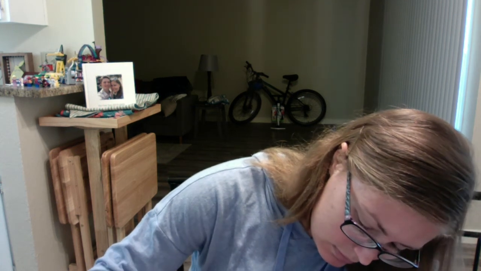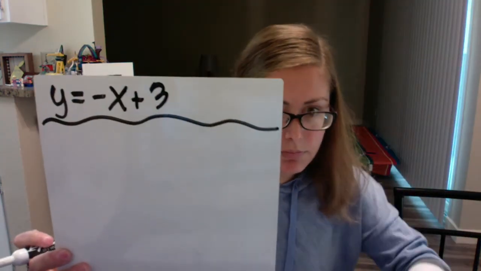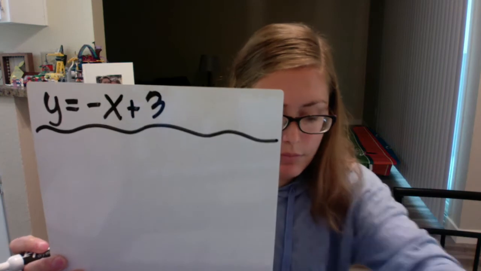Next one says, write the equation of the line for the following graph. It is y is equal to negative x plus 3. Next one says factor. We have 54n squared plus 552n plus 120.